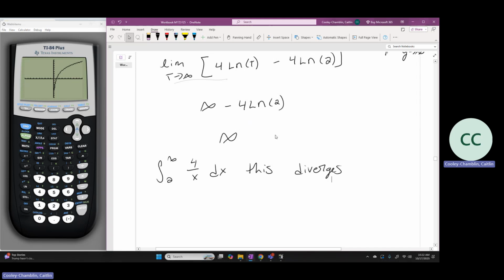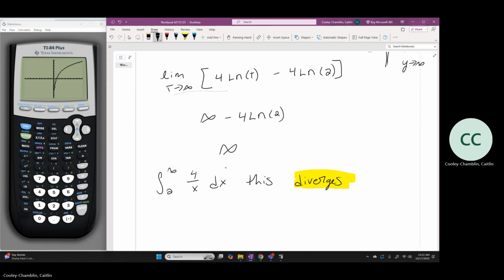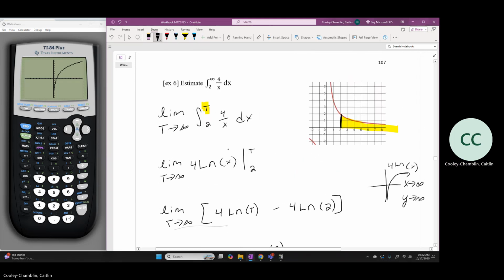The area cannot be contained as a number, so it's going to diverge. So we have an integral, and it has an infinity in it. We have to rewrite it using limits.